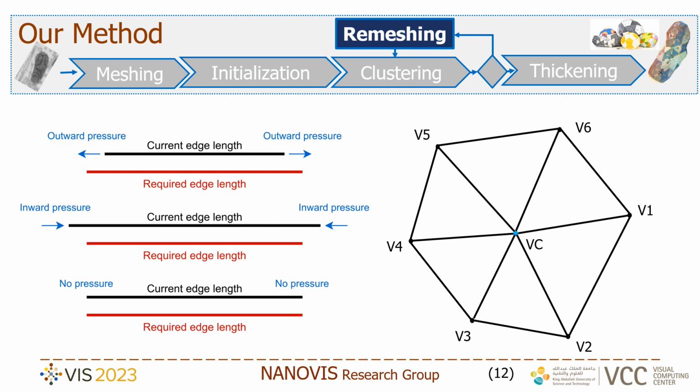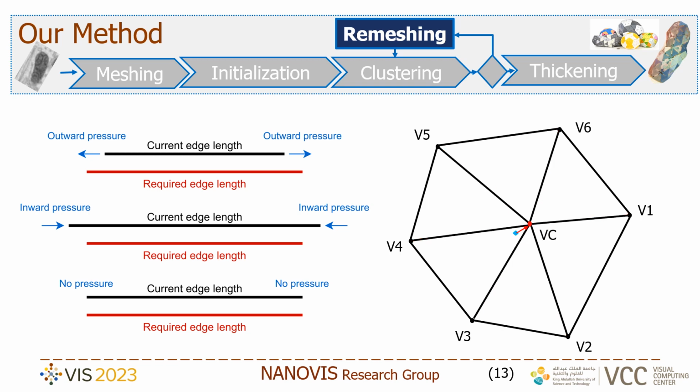Based on similarity with the center triangle, we calculate the required edge length for all edges. It puts pressure on adjacent vertices in either an inward or outward direction, depending on whether the required edge length is longer or shorter than the current edge length. Then for each vertex, we find the average pressure from all adjacent edges, and the vertex is translated to this new position if it doesn't destroy the input geometry.